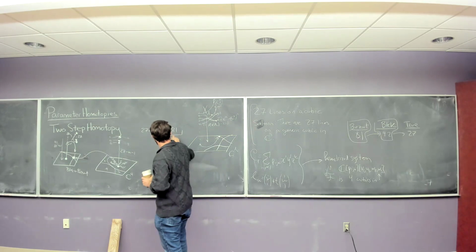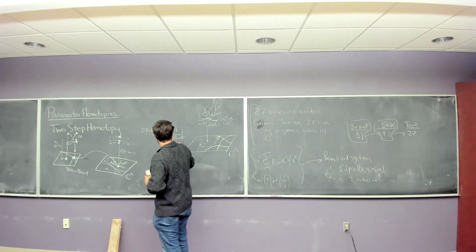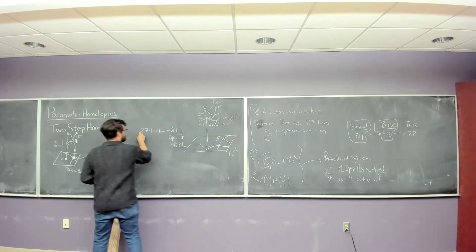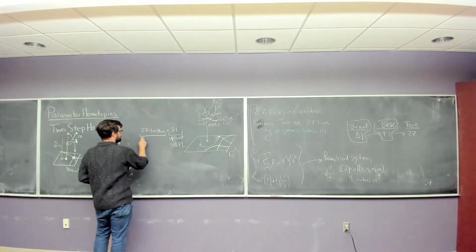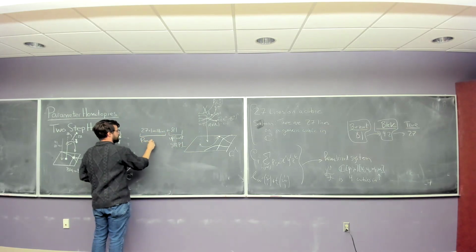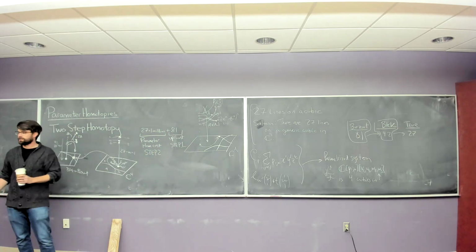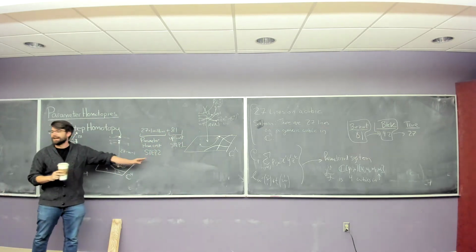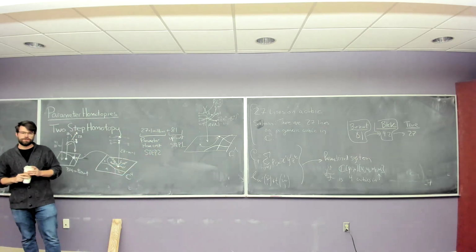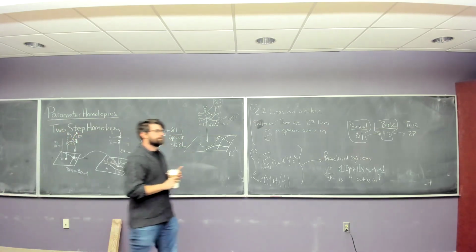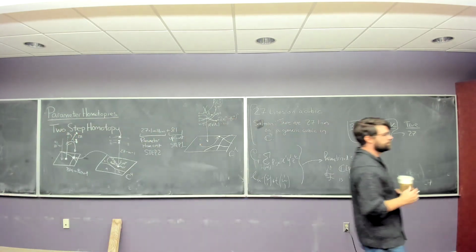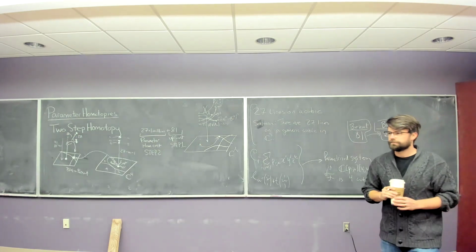Upfront cost, step 1. This is the parameter homotopy cost. A lot of times you want to do this second thing a lot after doing the first sequence. Okay. Any questions?